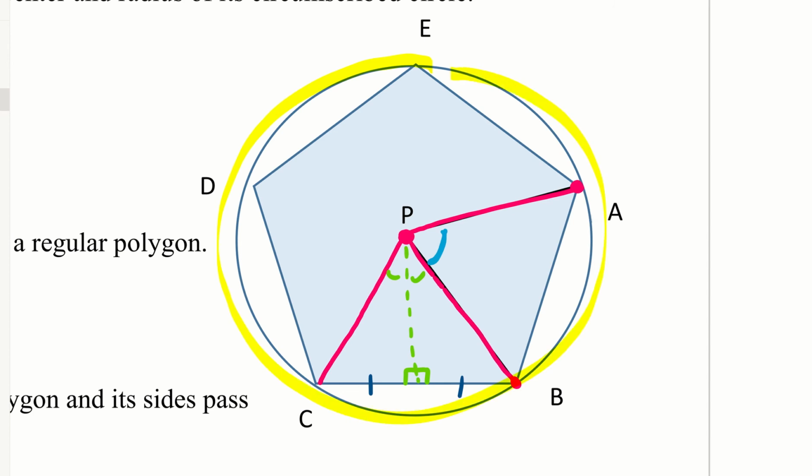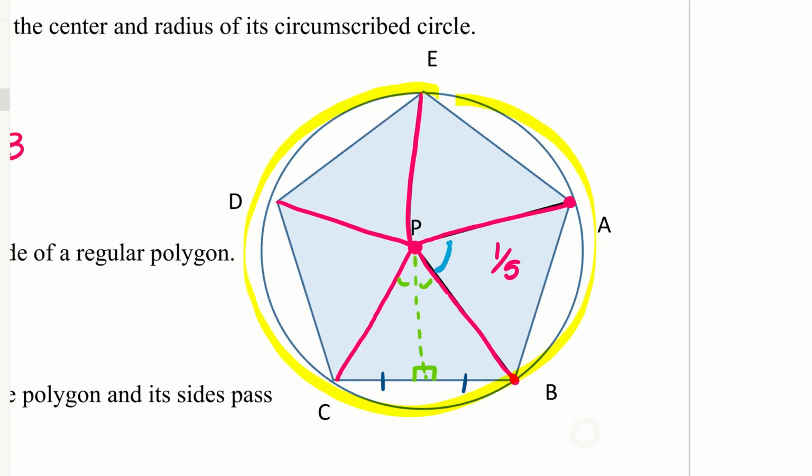If I were to draw all of my radii into this shape, it would cut my pentagon exactly into 5 congruent sections. So to find one of my central angles, I'm going to take my whole 360 degrees and divide it by 5, or 1/5 of the whole circle, since that's just one of my central angles.